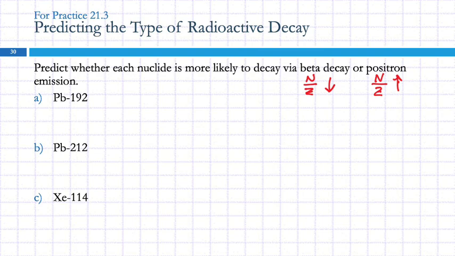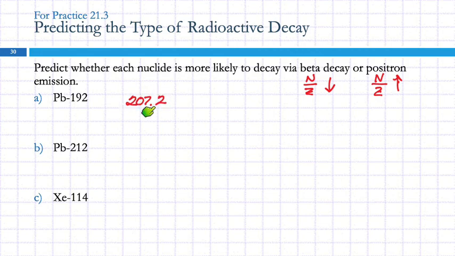Okay, so let's look at lead-192. We're going to find it on the periodic table, and we'll see that the atomic mass of lead is 207.2. That's the average mass of stable lead atoms. How does that compare to the mass number of this isotope? This is bigger, right?